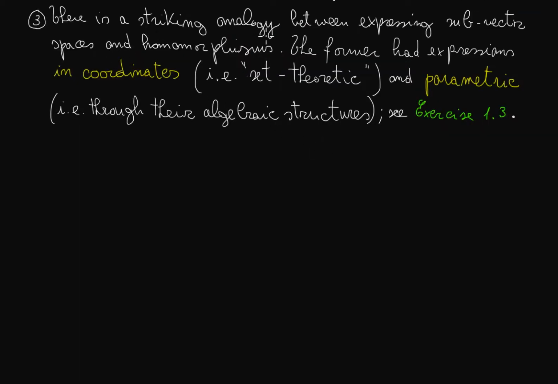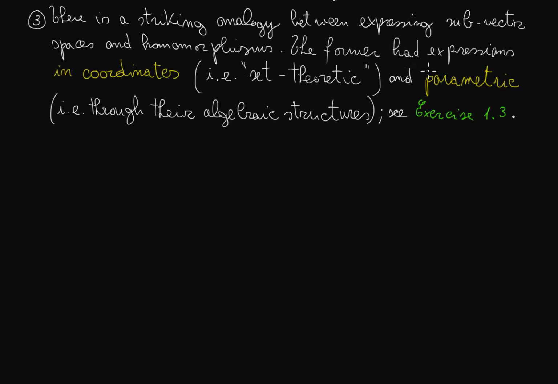There is a striking analogy between expressing subvector spaces and homomorphisms. The former had two kinds of expressions. One was what we called the expression in coordinates, which was considering the subvector space simply as a set, and describing it as a set, opening the curly brackets and listing all the elements inside the set.